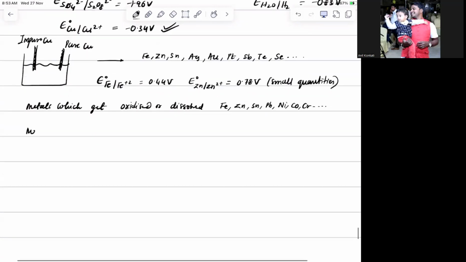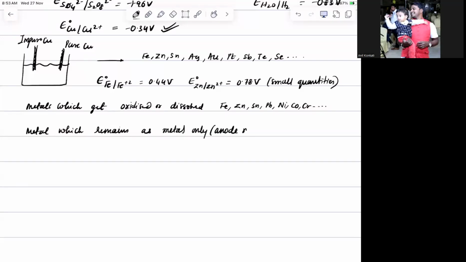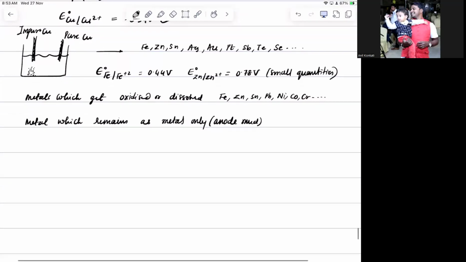Okay, and metals which remain as metals only, which we call anode mud. That means they'll deposit just below here. At this position, they'll start settling down. This is called anode mud.